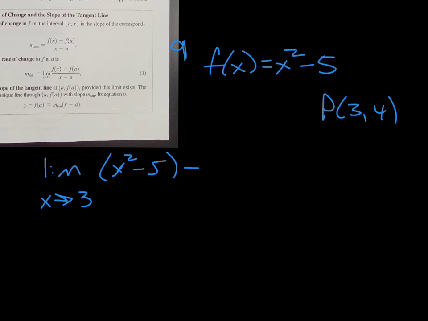It'd be 4, because you can just plug 3 in. In fact, they give it to you on this one, but you do need to find it. So f of a is actually a number. Anytime you see a, you're thinking of an actual number. x is just an x. Then we subtract 4 from that, and it's going to be over x minus 3.